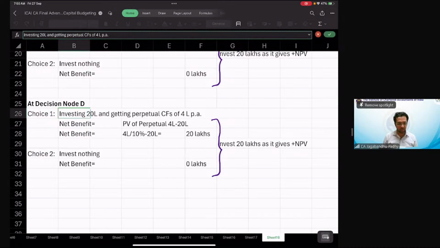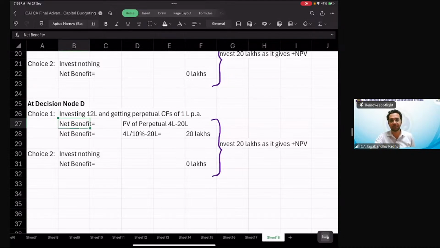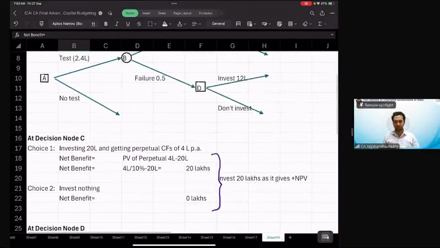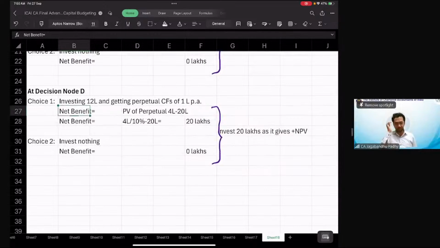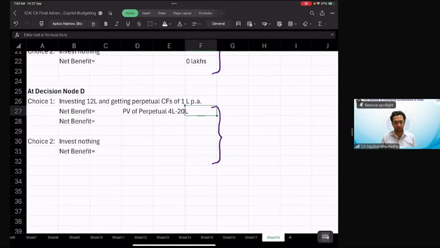One is investing 12 lakh and getting a perpetual cash flow of 1 lakh per annum, correct? So income of 1 lakh per annum. Then what will be the net benefit? Can you tell me what will be the net benefit of investing, being at decision node D?